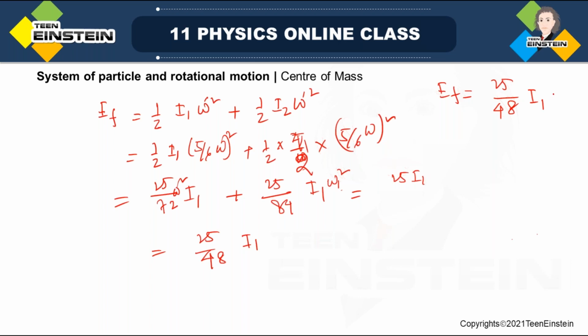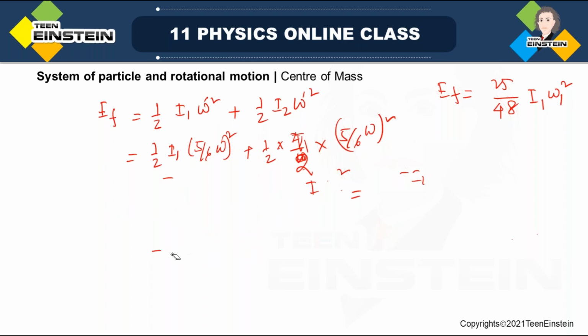I1 omega square, okay, or omega 1 square. Now what was the initial kinetic energy?